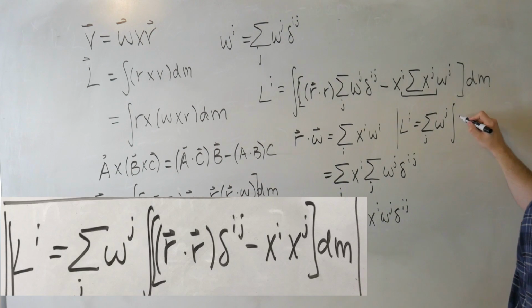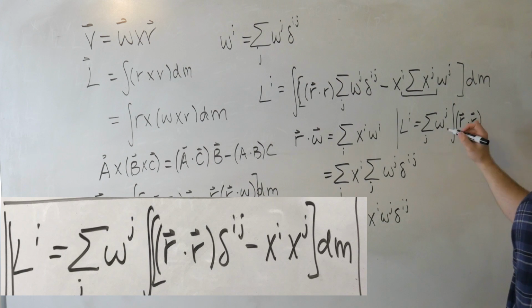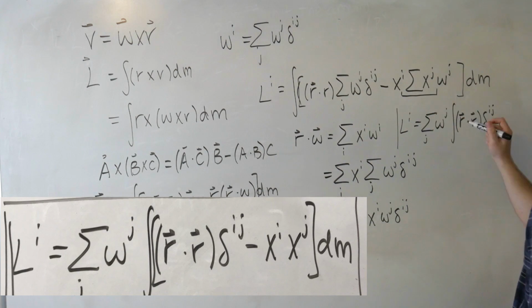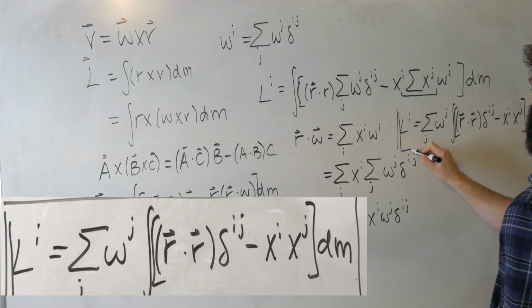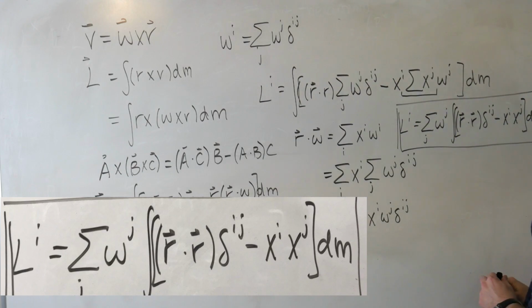times the integral of r dot r delta_ij minus x_i x_j dm. Okay, so now we've defined our ith component of the angular momentum.